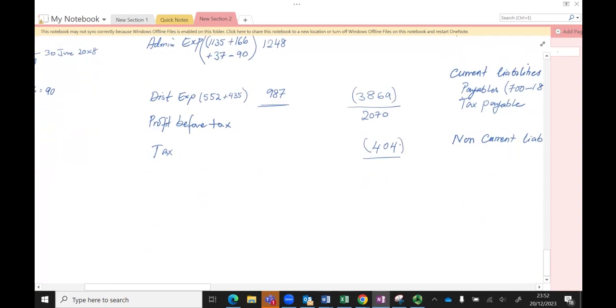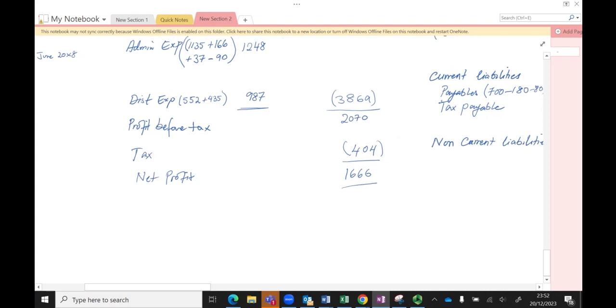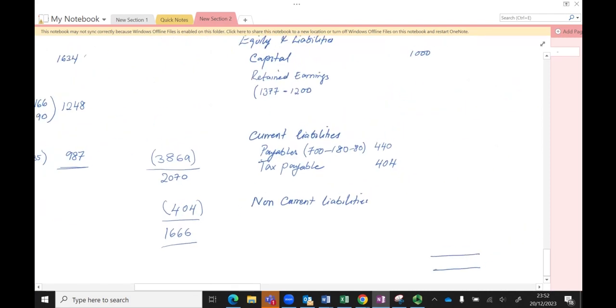Let's subtract the tax out of it. And the net profit is 1666. Remember that this net profit will become part of the retained earnings, which is plus 1666.